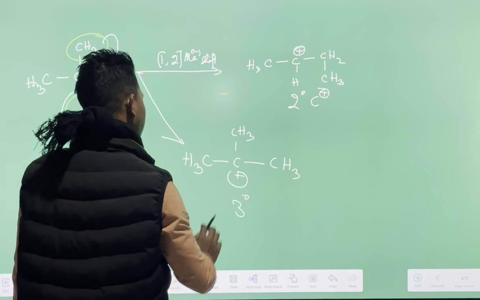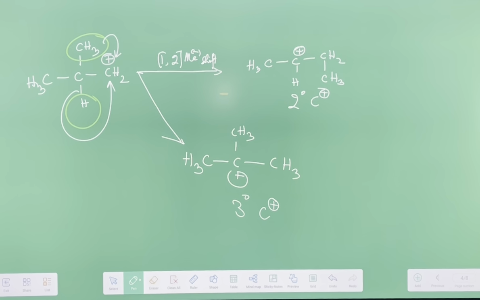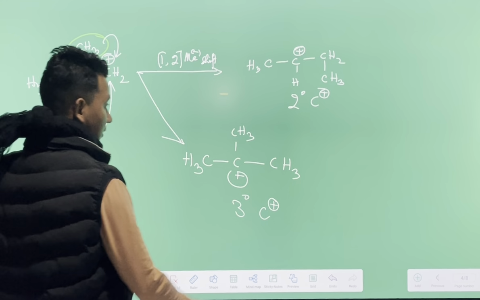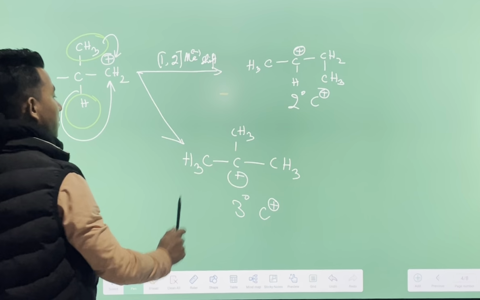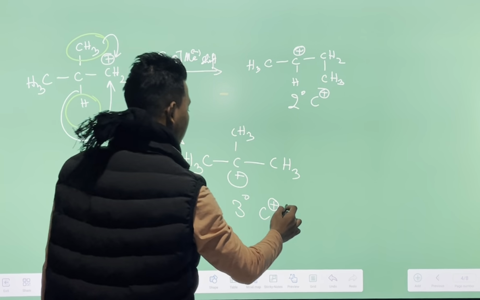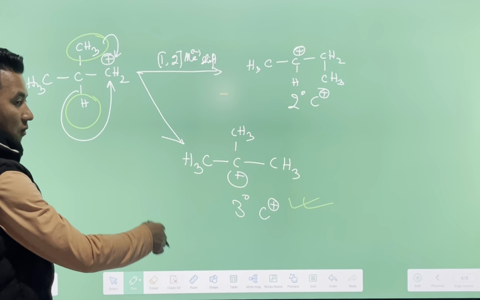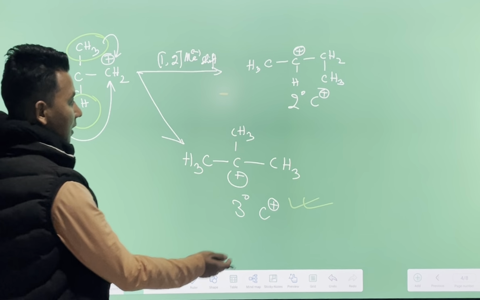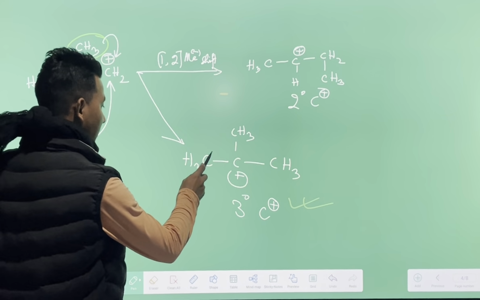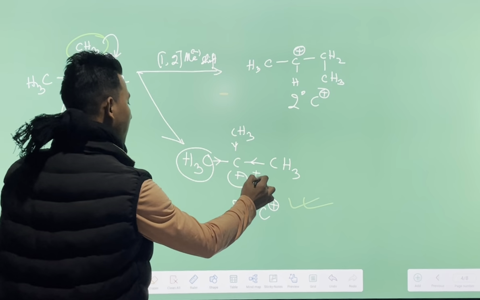This is a tertiary carbocation. This is a secondary carbocation and this is a tertiary carbocation. But the tertiary carbocation is more stable because it has more resonating structures as well as the hyperconjugation effect. These methyl groups are electron donating groups, I mean the plus I effect.